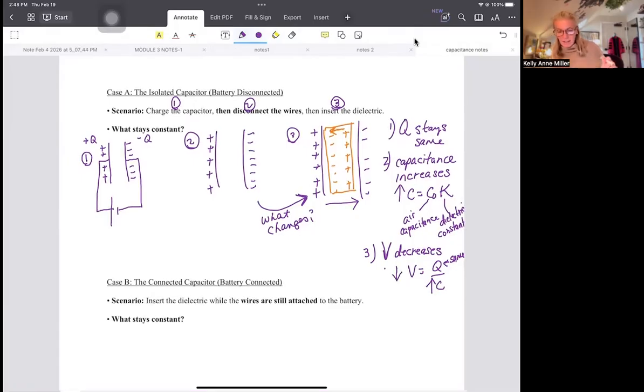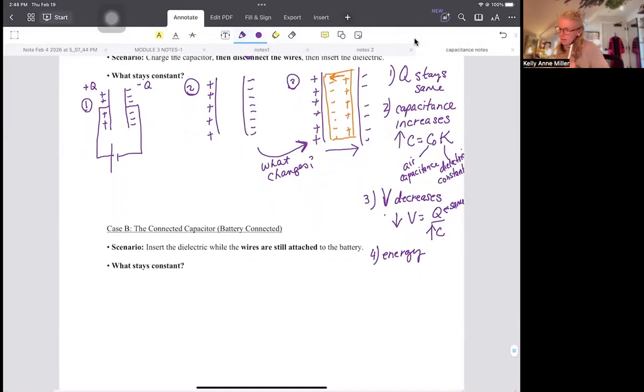And then the last thing we need to talk about is the energy. Remember, energy with respect to a capacitor is Q squared over 2C. If the capacitance is going up and Q is staying the same, then the potential electric energy is decreasing.